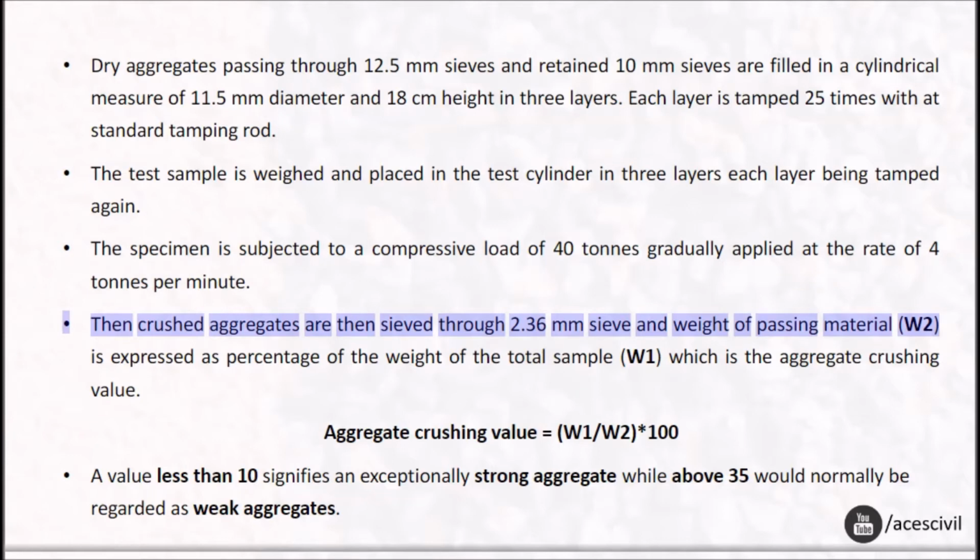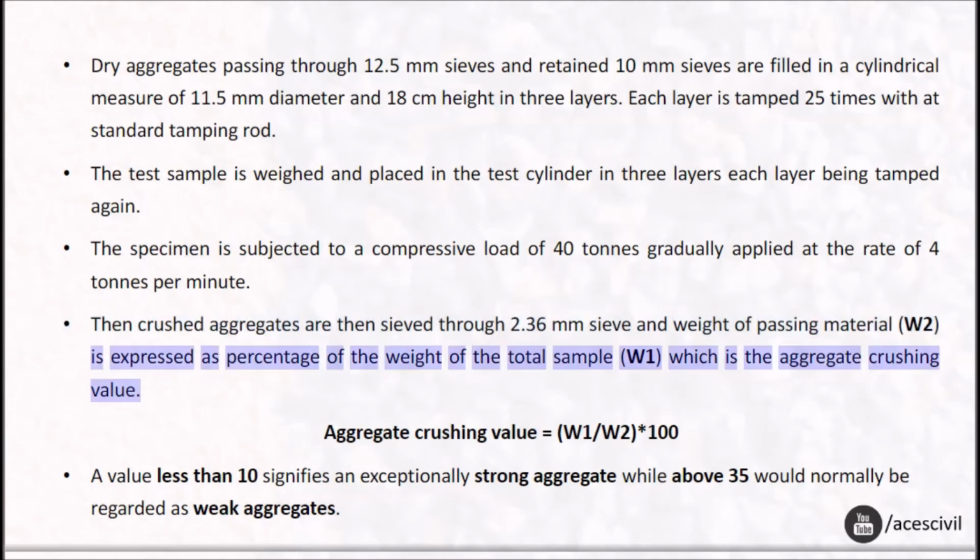Then crushed aggregates are sieved through a 2.36 mm sieve, and the weight of passing material, W2, is expressed as a percentage of the weight of the total sample, W1, which is the aggregate crushing value.